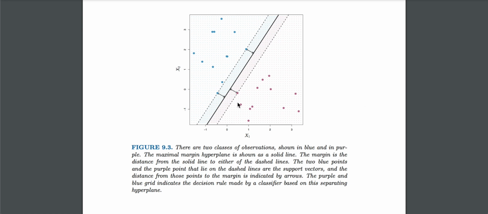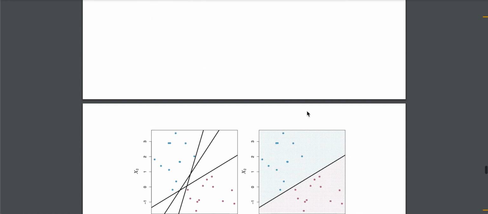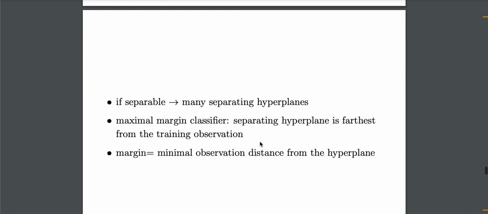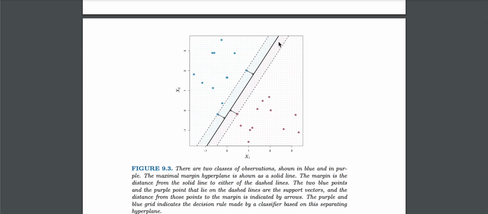So this is the data that we saw here. It's the same. And then this line here is the maximal margin classifier.